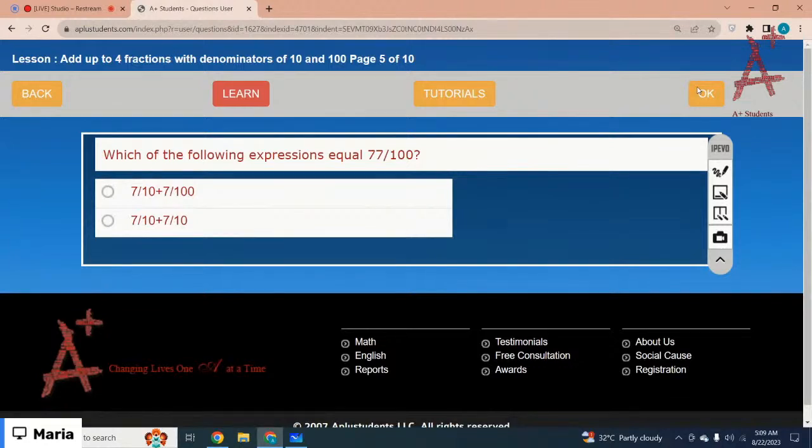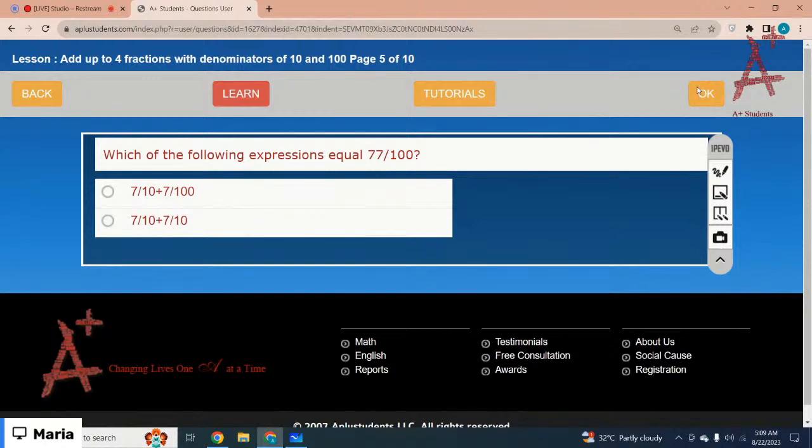Okay, which is the correct option? Which of the following expressions equals 77 over 100? Which is the correct option? This is very easy. You can see the second option has the same denominators, right? That means you can just add 7 plus 7. 7 plus 7 makes 14.